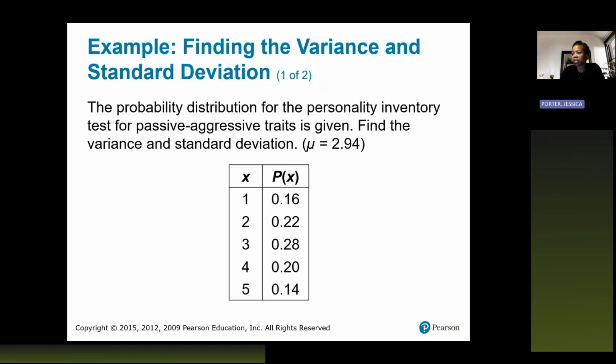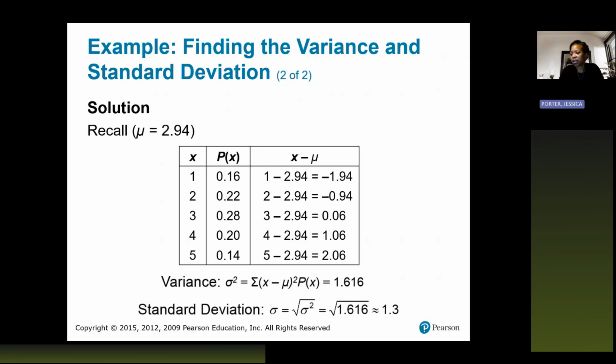So if we wanted to find the variance and standard deviation of this particular set, again, we could do it by hand. And this is what this looks like. So what they did was x minus mu. And what you'll have to do is square this and multiply it times the probability. And here, negative 0.94 squared times 0.22.